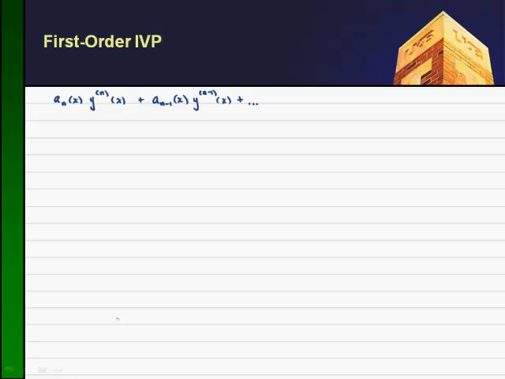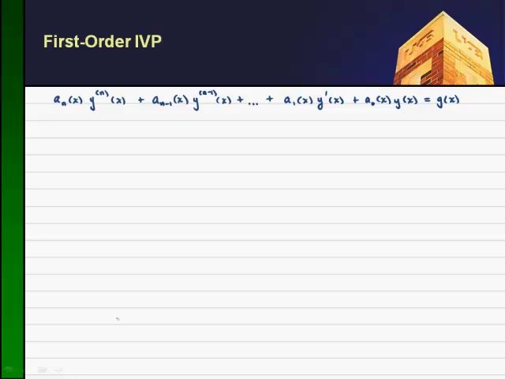And we can go all the way on and on until we get to the first order: some a1 of x, y prime of x, plus some a0 of x times the function y of x is equal to some other function g of x.